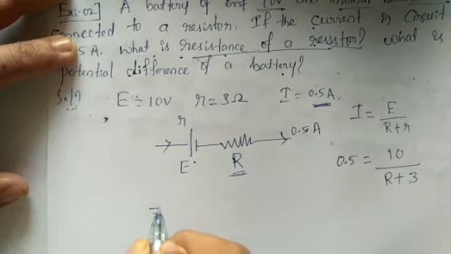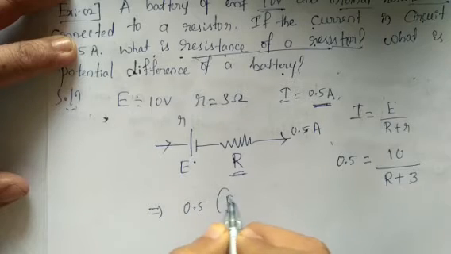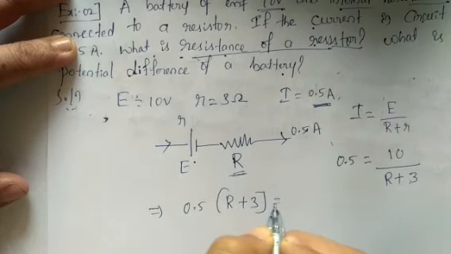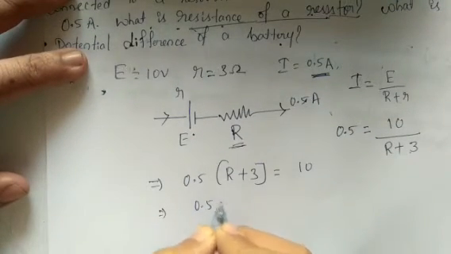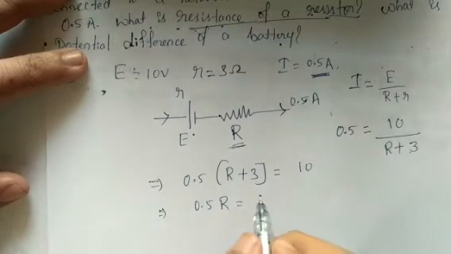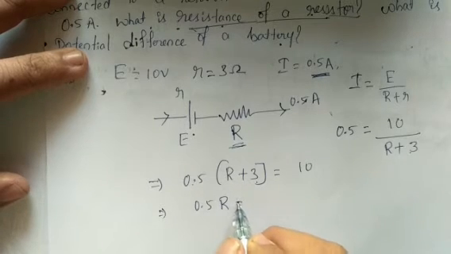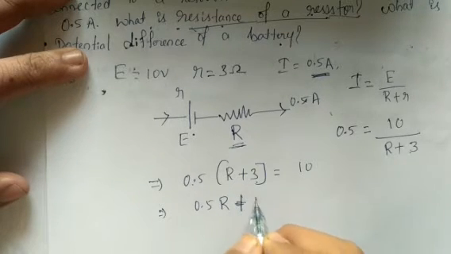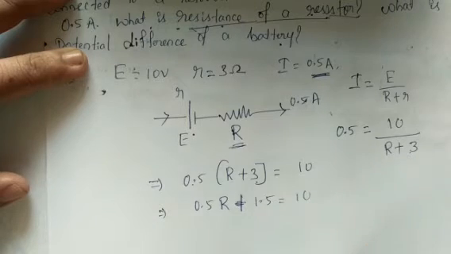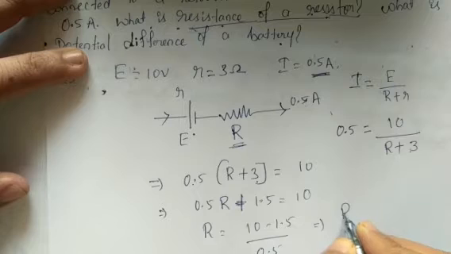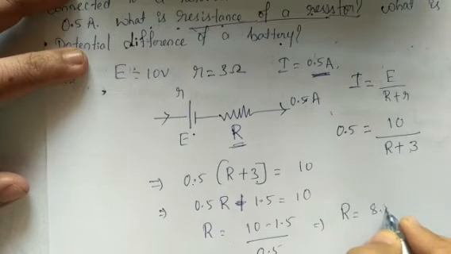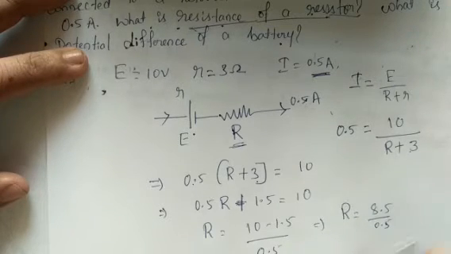So, this implies 0.5 multiplied by R plus 3 is equal to 10. This implies 0.5 into R is equal to 10 minus 3 into 0.5, that is 1.5. So R is equal to (10 minus 1.5) divided by 0.5, which implies R is equal to 8.5 divided by 0.5.